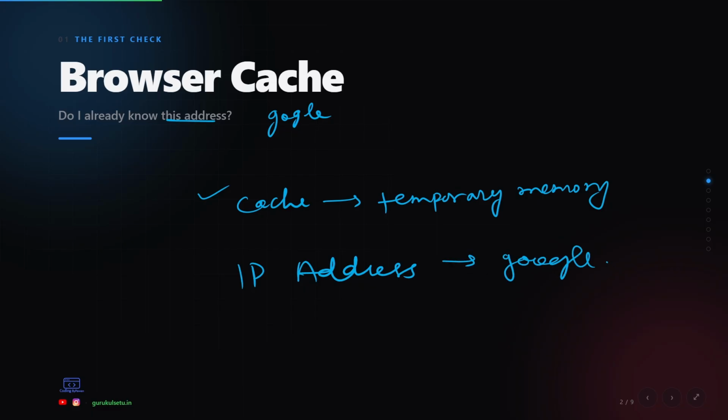If this IP address is found, then the next step, DNS resolution, is skipped. If the IP address comes from the cache itself, this step will not happen.